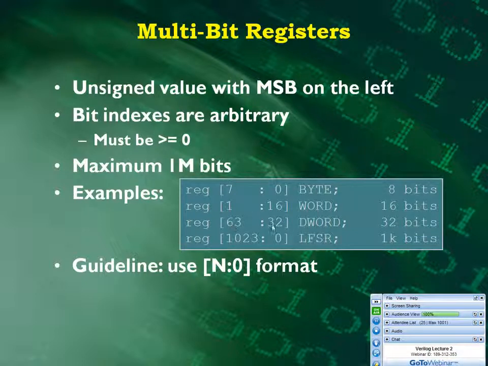Here's one that goes from 63 to 32, a 32-bit word, and here's 1K, which goes from 1023 to 0. My guideline is don't use these formats. Always go from n to 0. You'll be a lot better off, and people will understand your code a lot better. That's just my guideline, even though you can do things like this in Verilog.